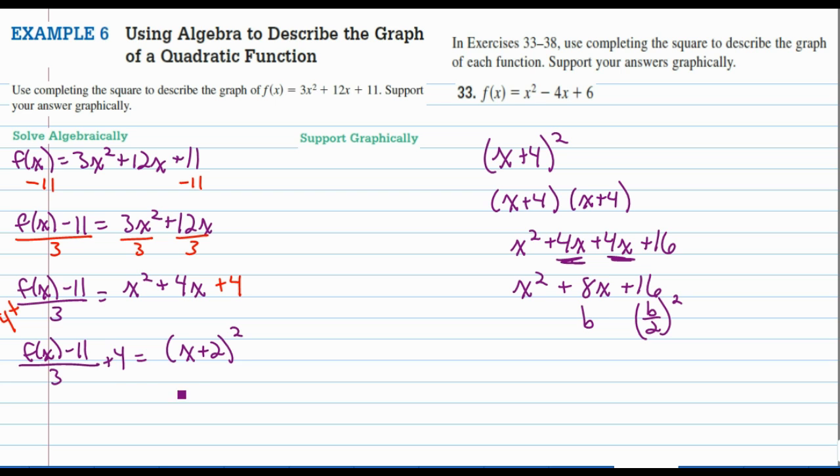So now I'm going to move everything I had stored over here back to the other side. So I'm going to subtract 4 from both sides. I'm going to multiply both sides by 3, which means I need to multiply the whole chunk on this side, this whole binomial squared, and the 4.